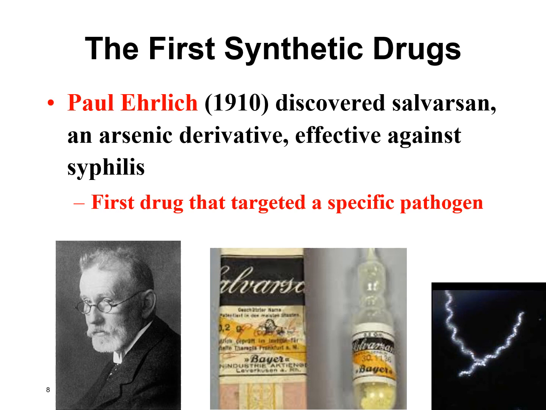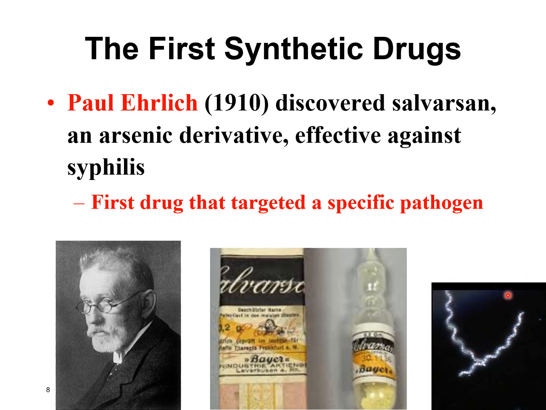Syphilis is caused by a bacteria called Treponema pallidum, which is pictured over here on the bottom right. And prior to 1910, if you were infected with syphilis, we didn't have anything to treat you with.